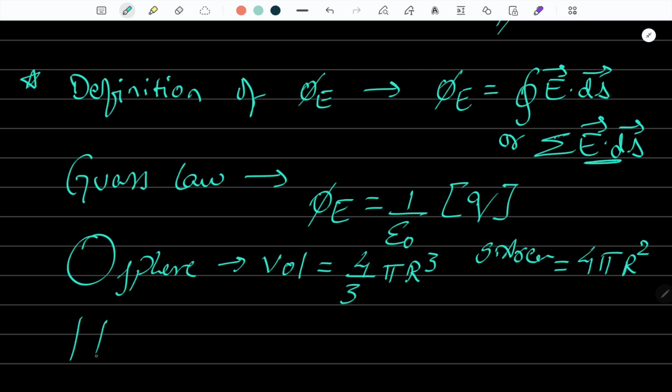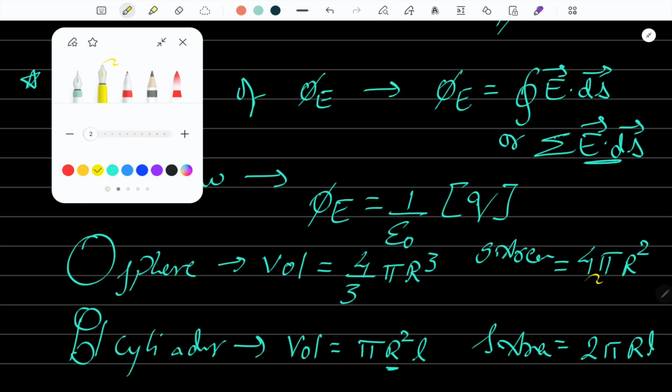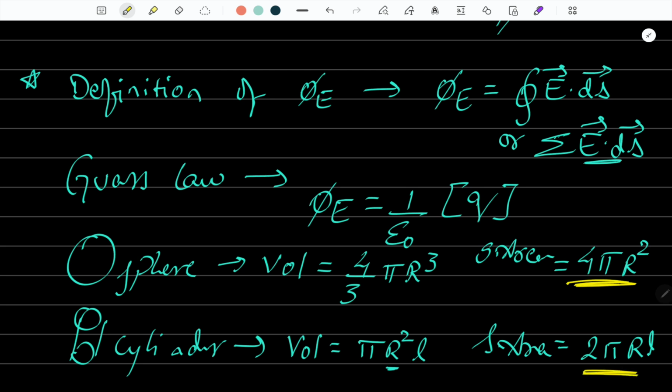And for a cylinder, because in the applications we will be using these two. For the cylinder, the volume is pi r square L, and surface area, when you differentiate, r square becomes 2r, so it becomes 2 pi r L. So these two formulas you need to know.